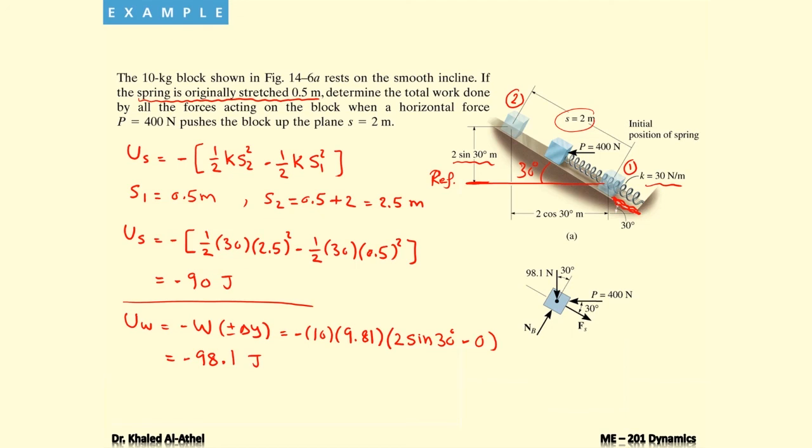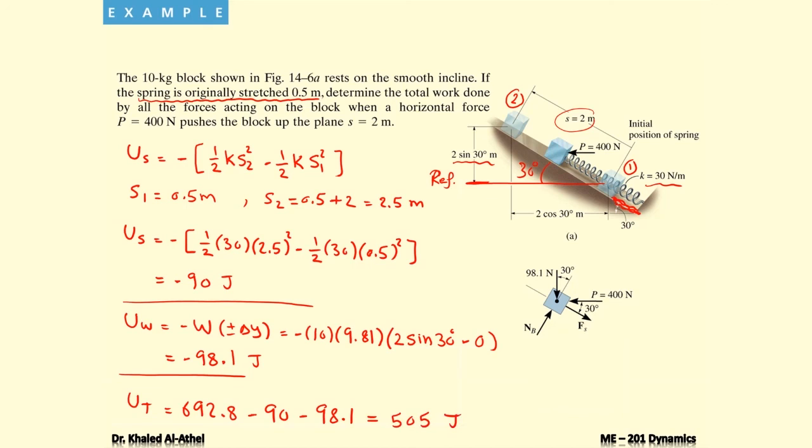Now finally, if you want to find the final value of the work done, you just add all of these. So the total work done will be the first value that we got for the force, 692.8, then minus 90, minus 98.1, and this gives me a total of around 505, something like this.